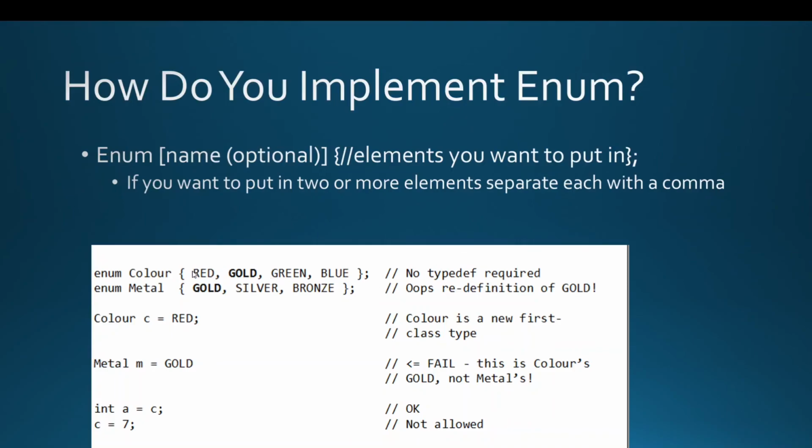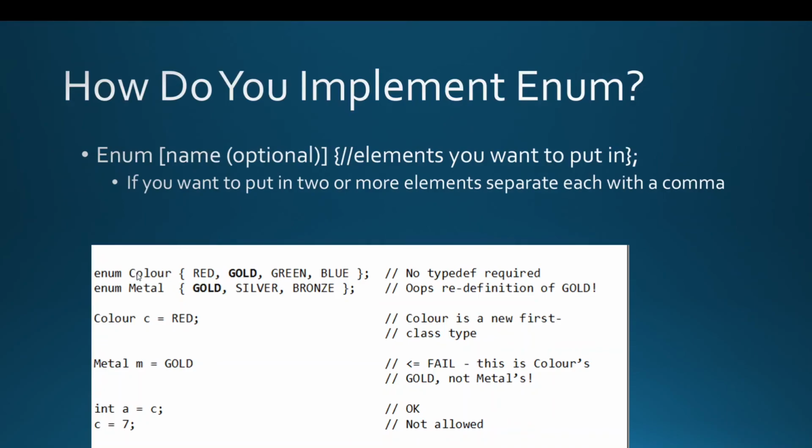For example, here he made an enum type, and he named the enum color or colour, depending on which country you're from.